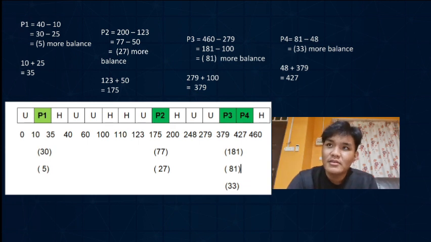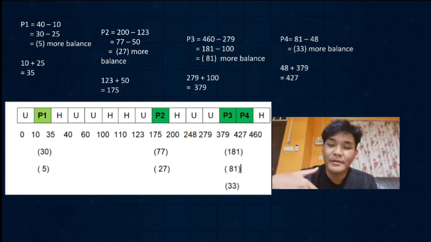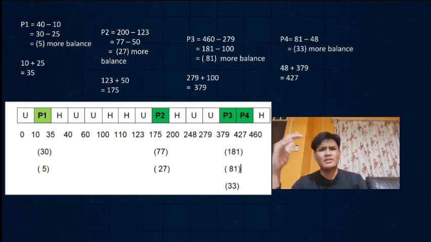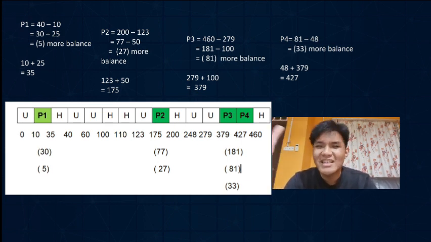When you subtract, it leaves 30 space. Let's look at another hole, between 123 and 200. That is 77 space. It's good, but right now we're looking for the best fit.